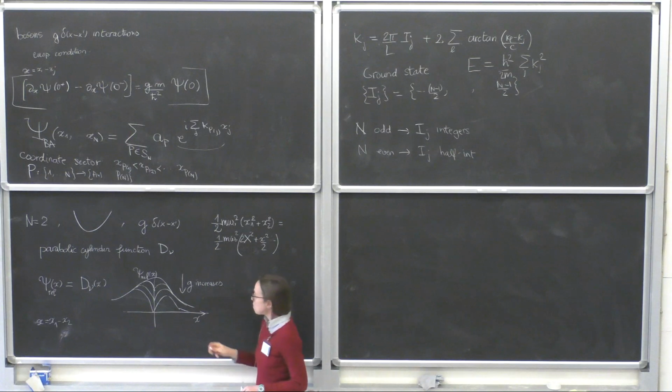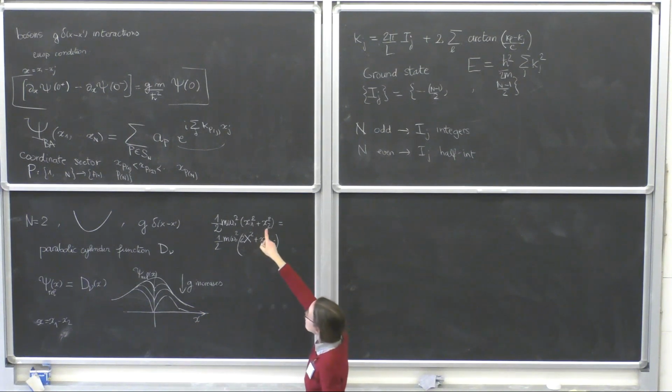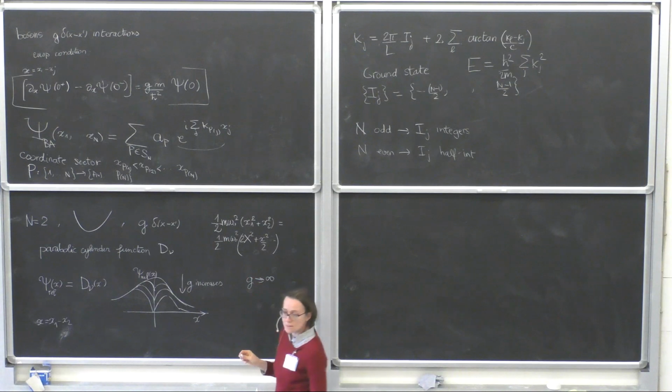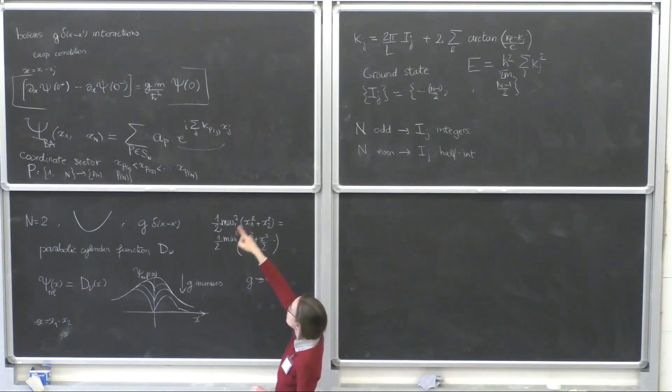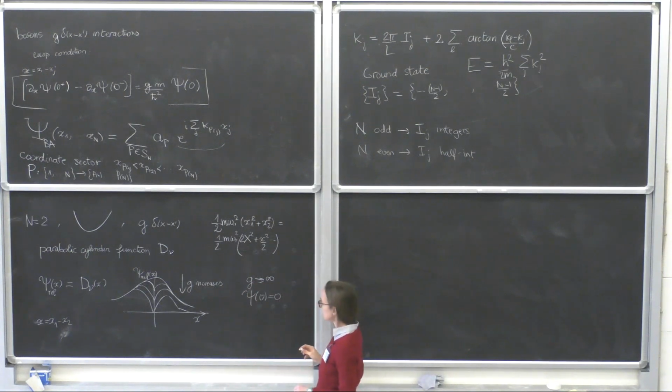Okay, so in particular, notice that by looking at the cusp condition, for the interaction going to infinity, the cusp condition is satisfied with finite derivatives if the wave function vanishes at contact.